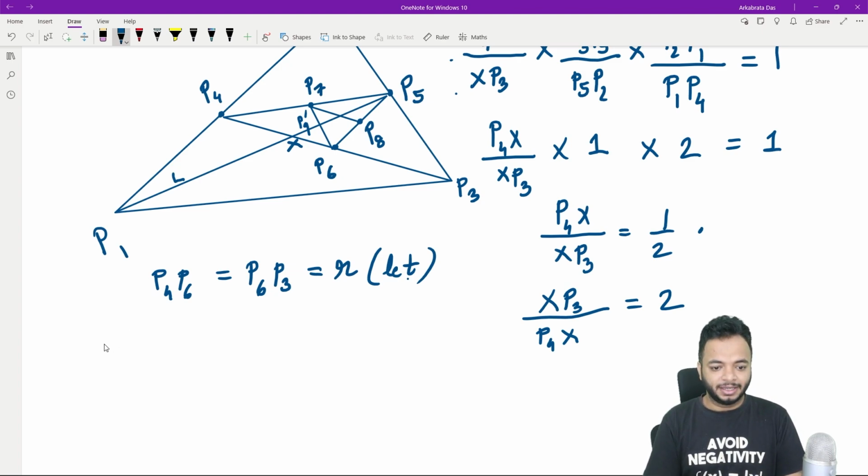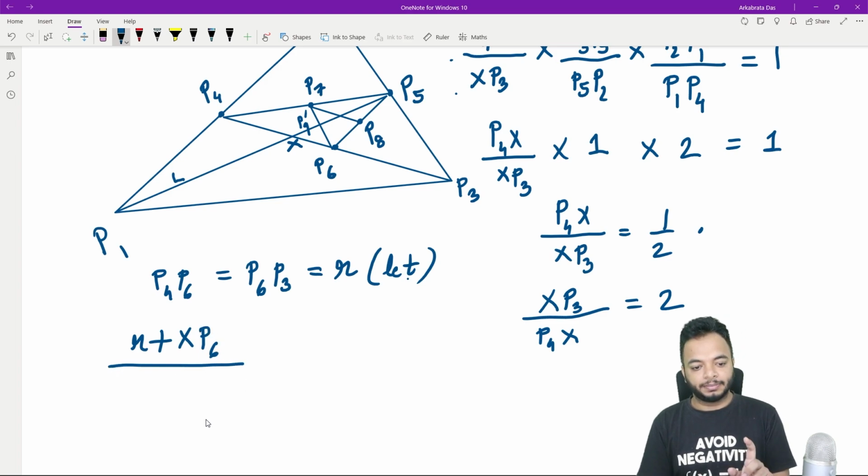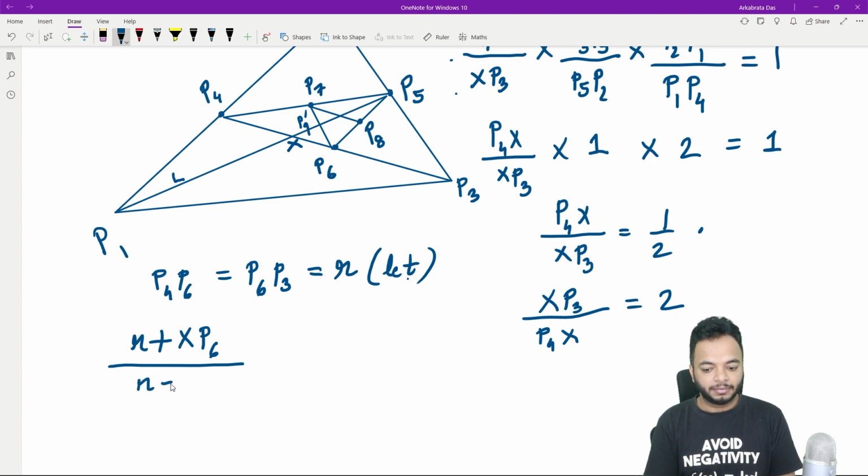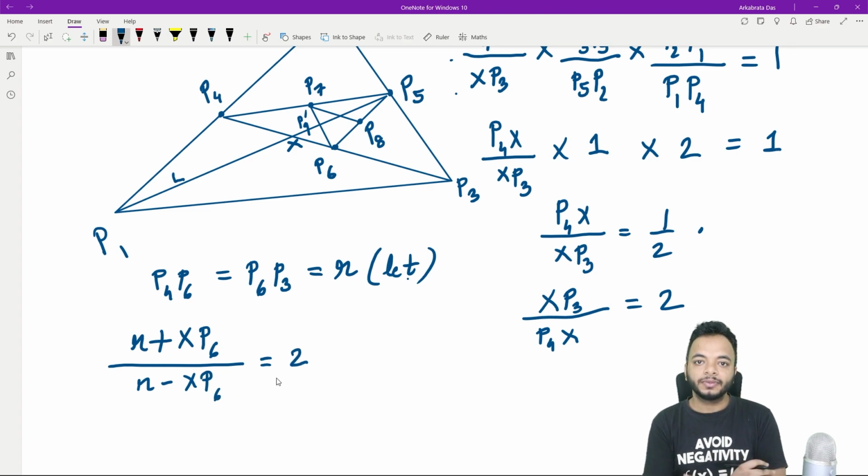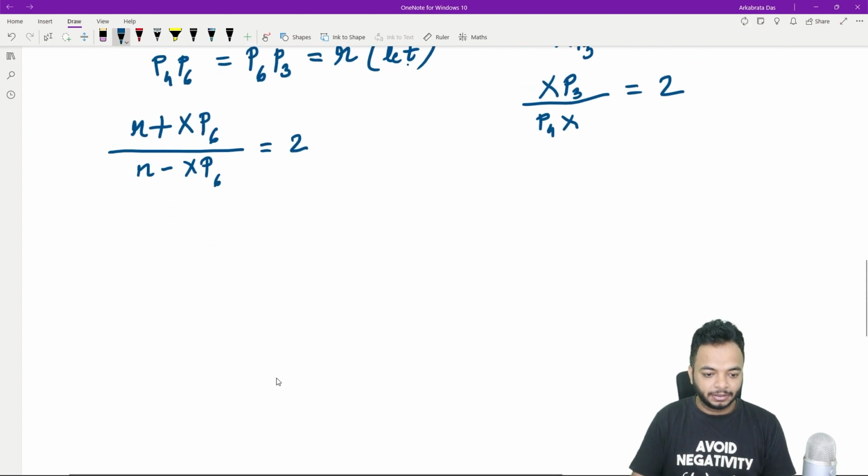Look at x P3, that is R plus x P6, and look at P4x, that is R minus x P6, and this equals 2. Correct?